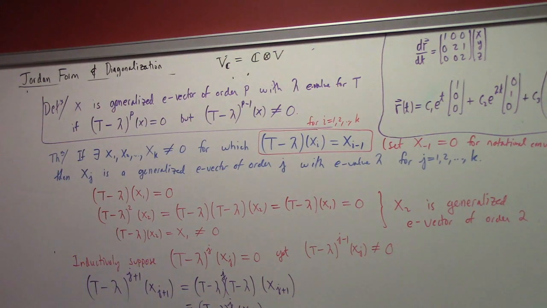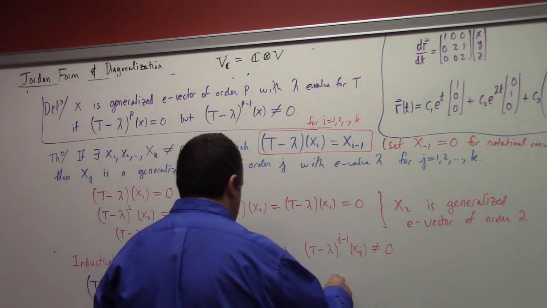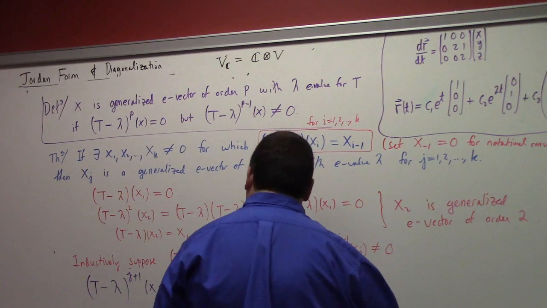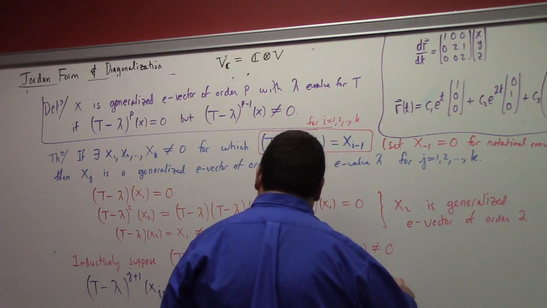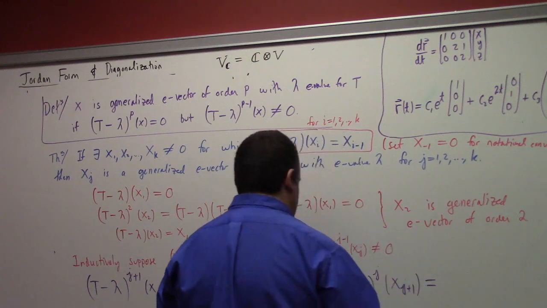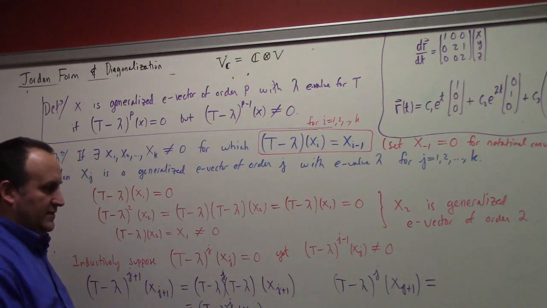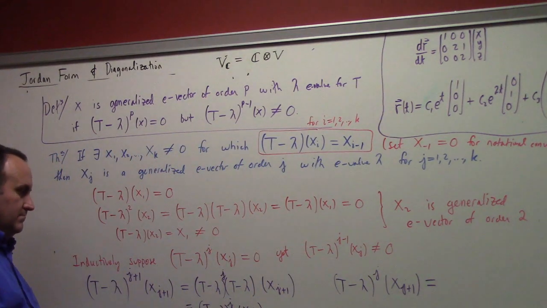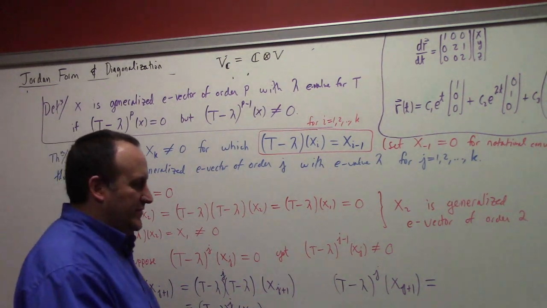And what else do we need to prove? We also need to see that (T − λ)^j on x_{j+1} is not equal to 0, right? So it's almost the same calculation.